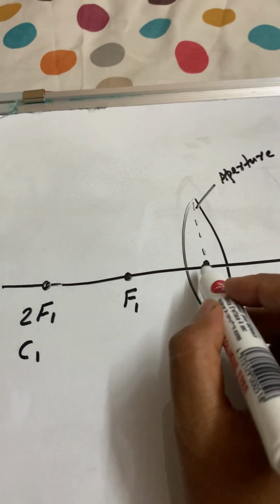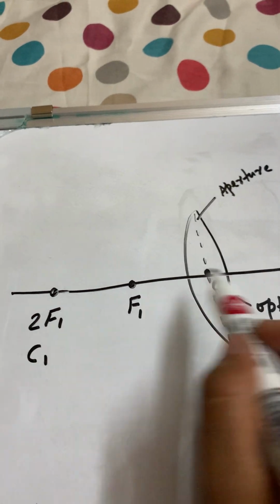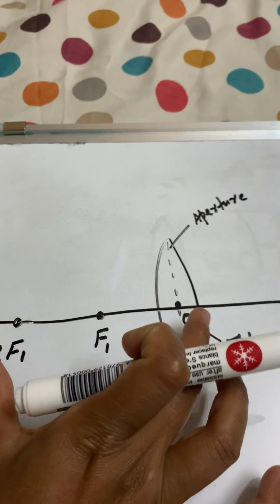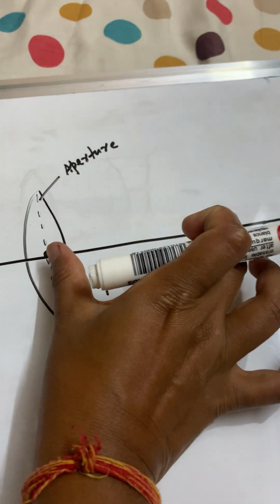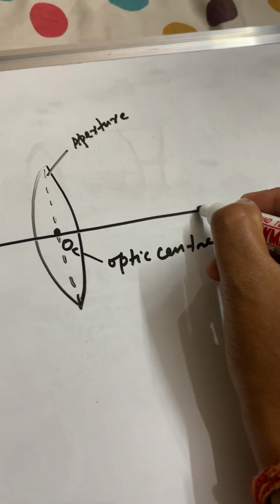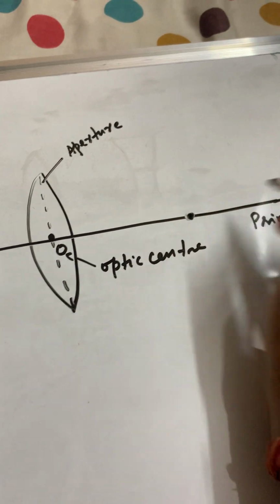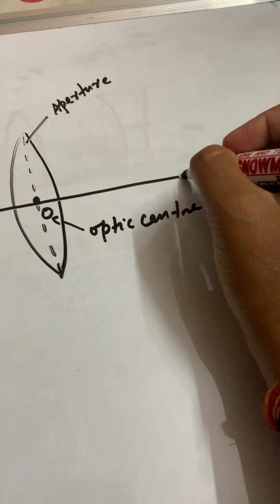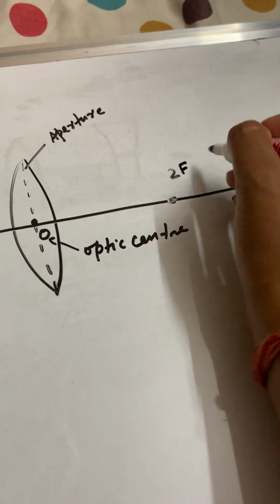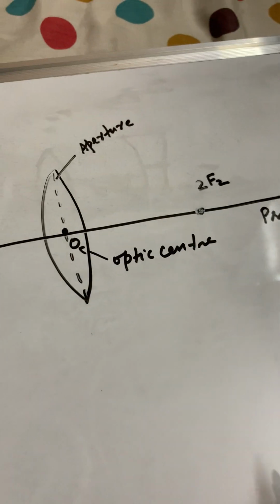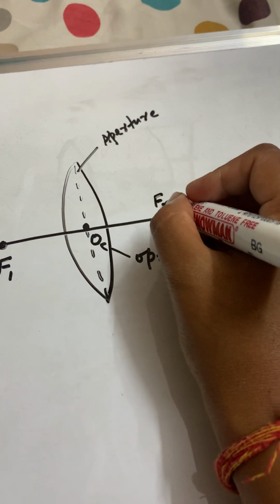And you need to remember this F1 is the midpoint of 2f1 and O. Exactly in the same way you have to make, at the same distance on the right side, 2f2. This is how we are learning to make the different parts of the lens. Now it's on the right side, so we call it 2f2, and this is f2.